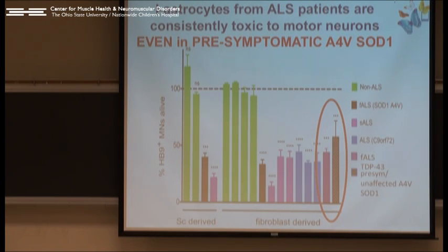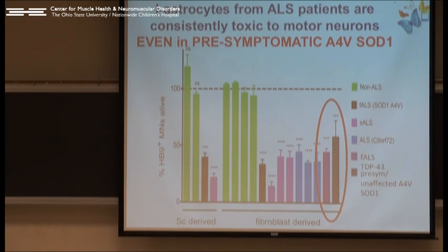So this, I think, is just demonstrating the potential to use these patient-specific fibroblasts to model ALS-derived astrocyte toxicity. We're in the process now of trying to correlate the degree of toxicity. Some of these lines are much more aggressive than others at killing, and many times this correlates to disease severity.